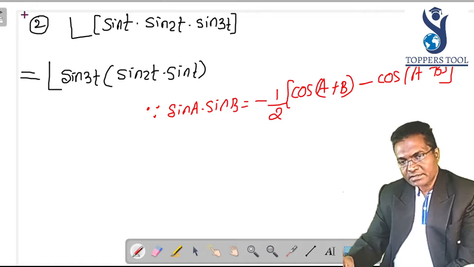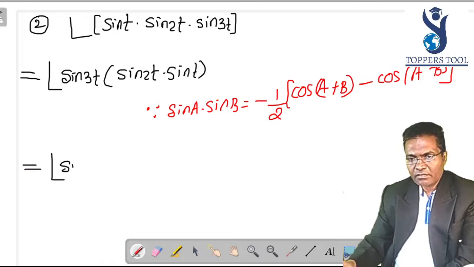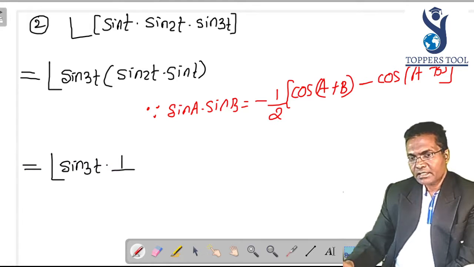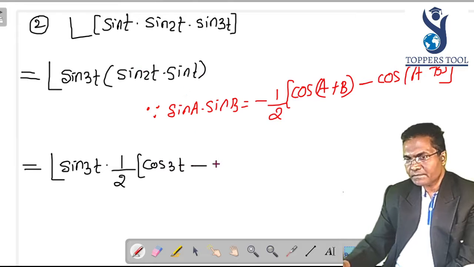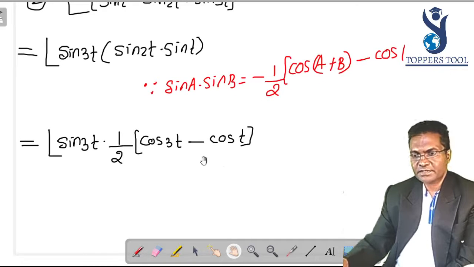So using that, it's L of sine 3t into half, okay, cos of A plus B. 2t plus t is 3t. It is cos of 3t minus 2t minus t is 1t. Cos of t. Remember this.